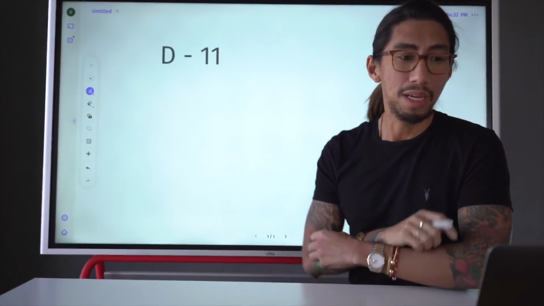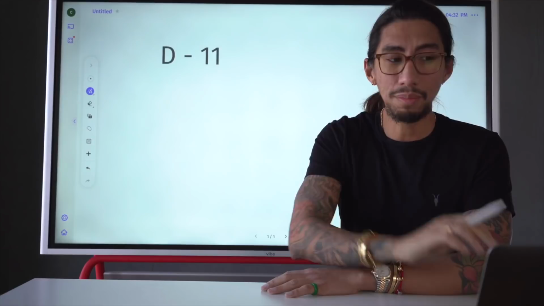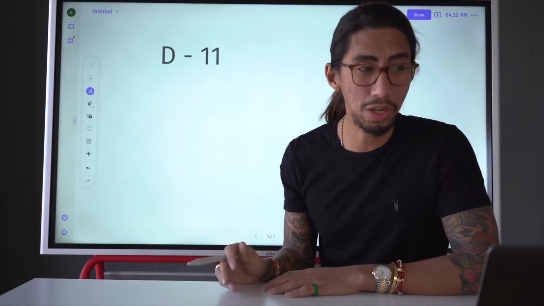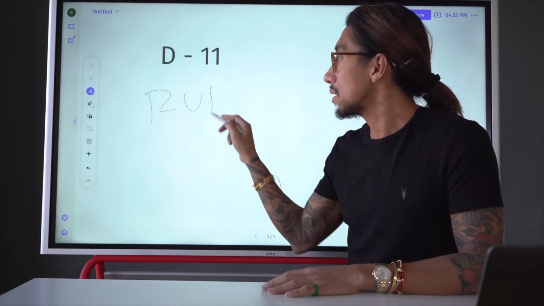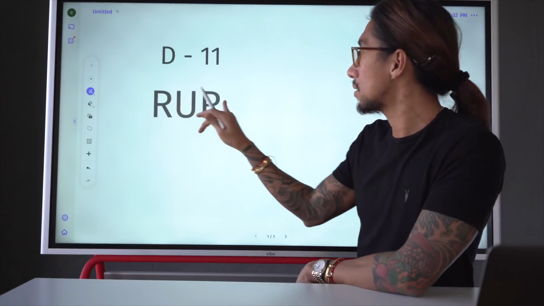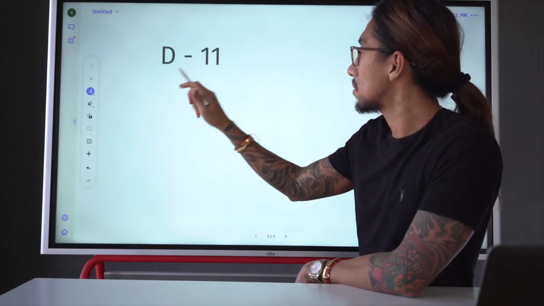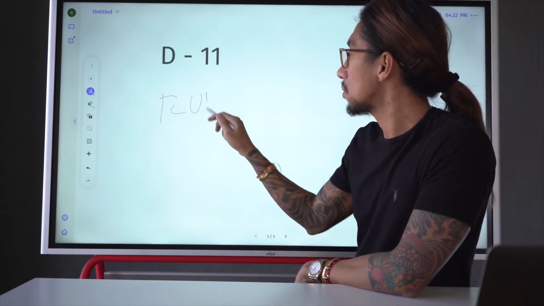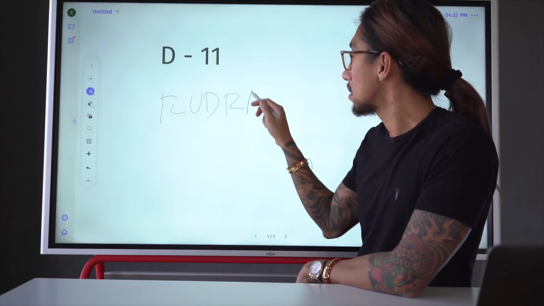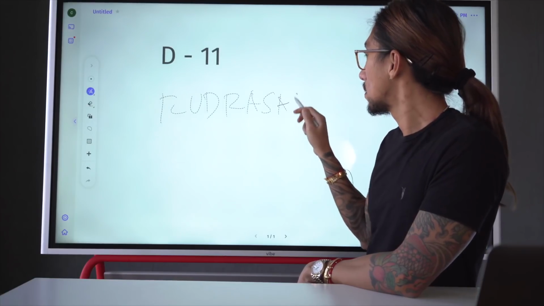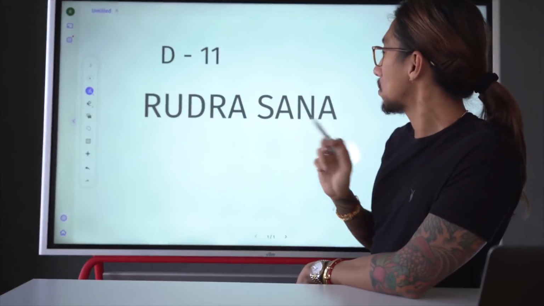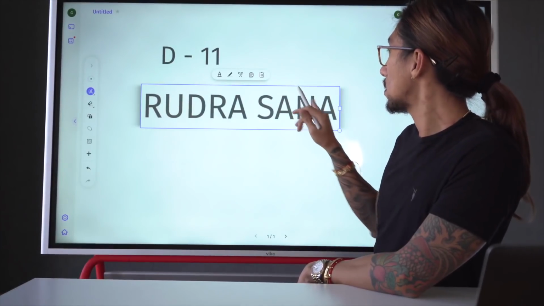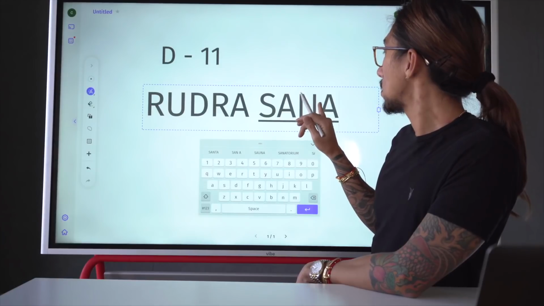Okay, there you go. Now, D11 is the death and destruction, Rudramsa. So not the D8. Okay, sorry. Rudramsa. Rudra comes from the word Rudramsa. I'm just looking at my notes, I don't want to misspell it.